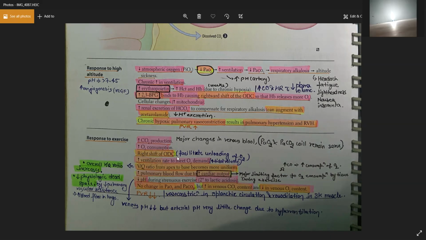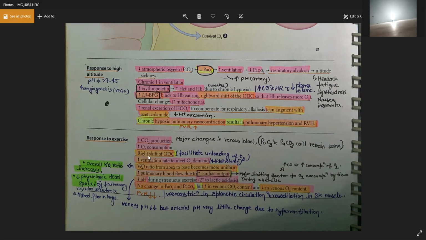Again, this right shift occurs because of increased CO2 production. If you have more CO2, you have a more acidic environment and more release of oxygen. Because you're performing more metabolism, a more acidic environment will also be generated in your body.